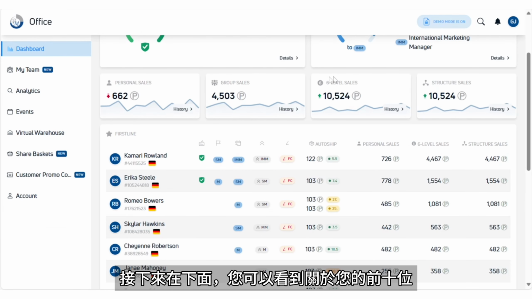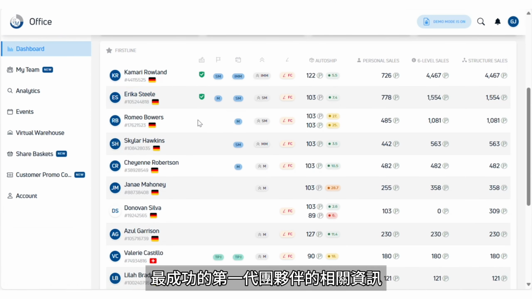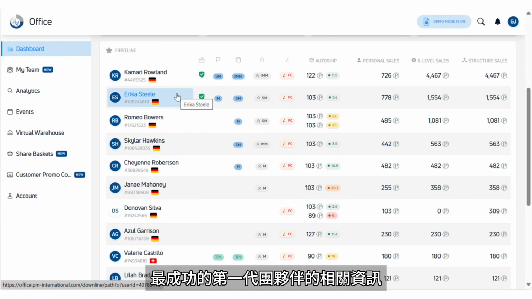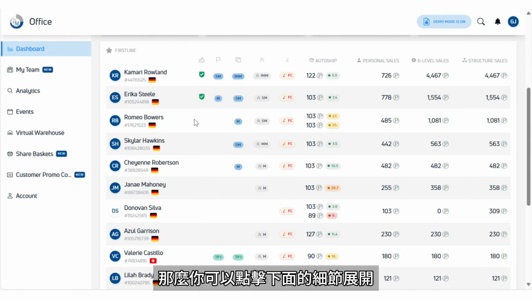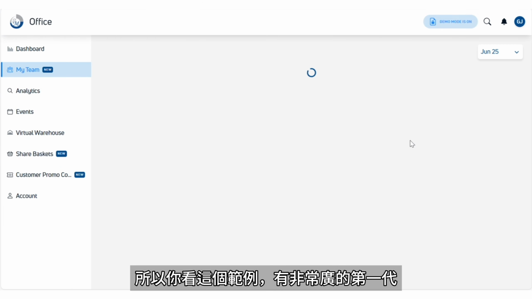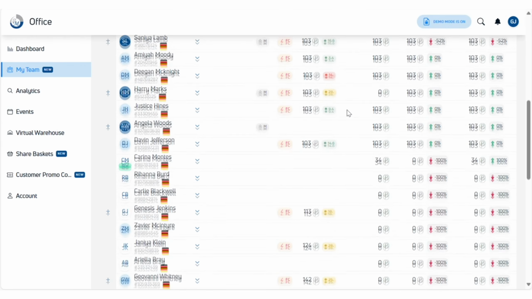Below that, you have a first line information about your first 10 most successful first line team partners. If you have a wider organization, then you can open up the details at the bottom. So you see here, this is a wide first line. This person built it up.